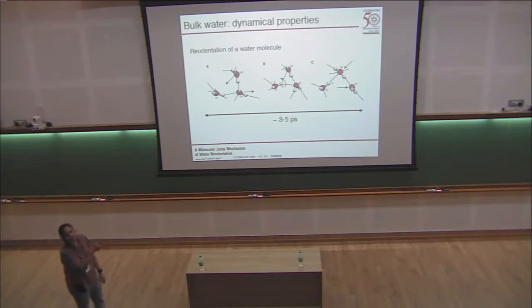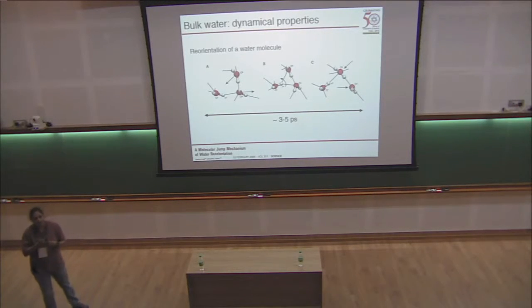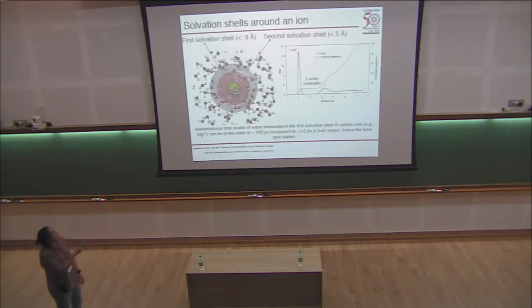The typical time scale is a few picoseconds, about 3 to 5 picoseconds, over which this reorientation of a water molecule happens, for it to change its partners from one to the other. So the question I'm trying to ask is, what happens to this reorientational correlation or the dynamics when I add salts? Now, one would think this is a very simple question and the answer should have been obvious, but it is not so.